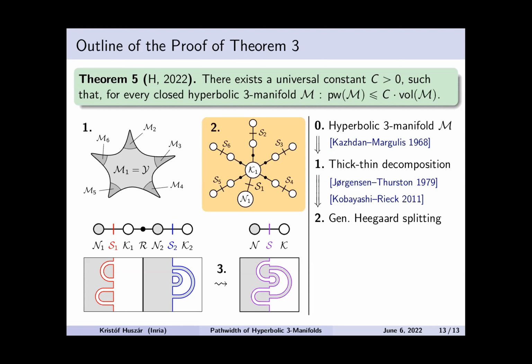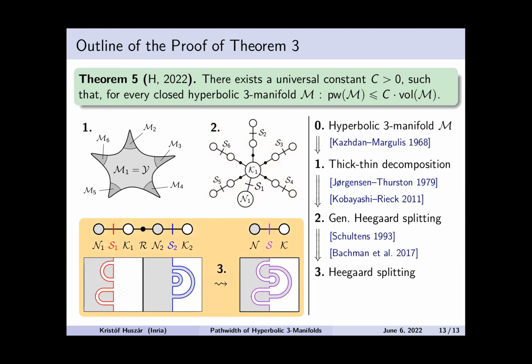And now in the subsequent step, we amalgamate this generalized Heegaard splitting into a classical one, following the work of Schultens and Bachmann and others. And we can conclude that the genus of this classical Heegaard splitting is still bounded above by some constant times the volume.